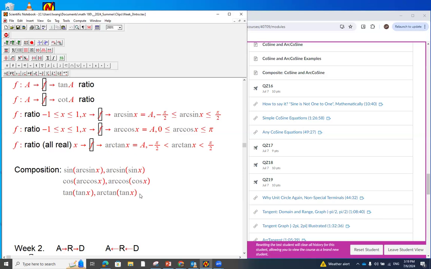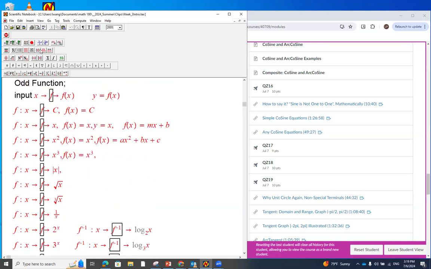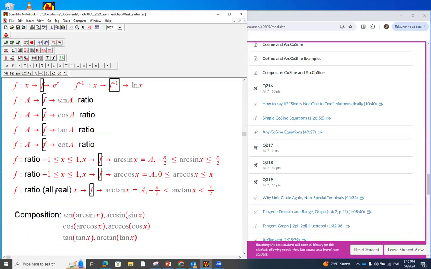And of course, some of these questions go from input to output. When we were doing the graphs, we were going from input to output. We've done all of those graphs, for sine, cosine, tangent, cotangent, and we did all the graphs for arcsine, arccosine, arctangent.